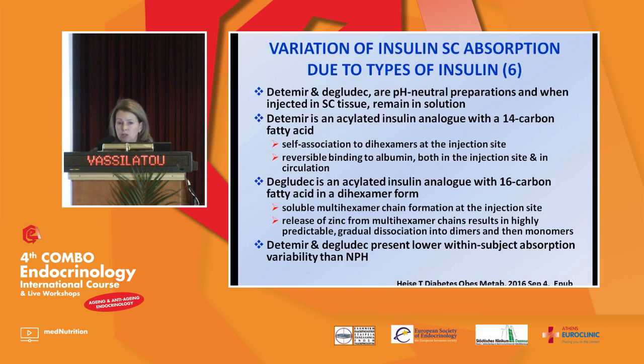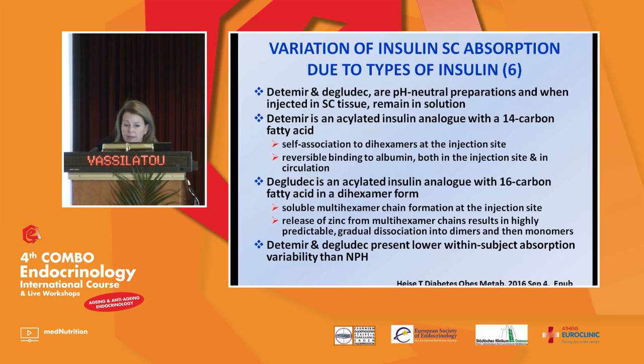Detemir and degludec are pH-neutral preparations, and when injected in subcutaneous tissue, remain in solution. Detemir is an acylated insulin analog with a 14-carbon fatty acid, and this molecule presents self-association to dihexamers at the injection site and reversible binding to albumin, both in the injection site and in circulation.